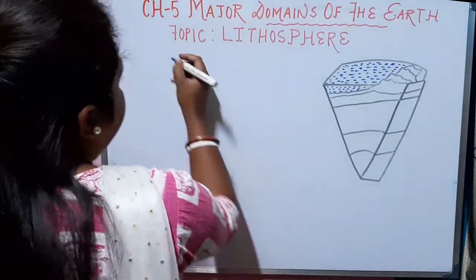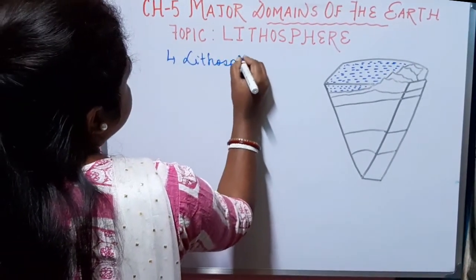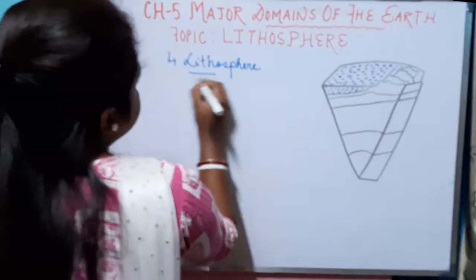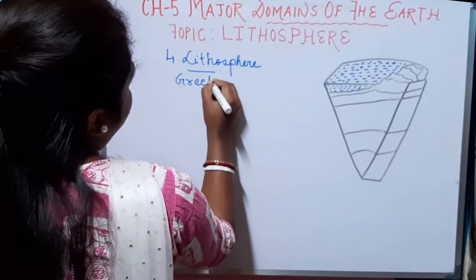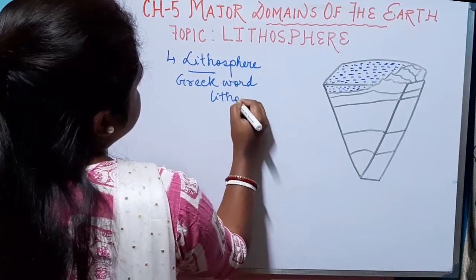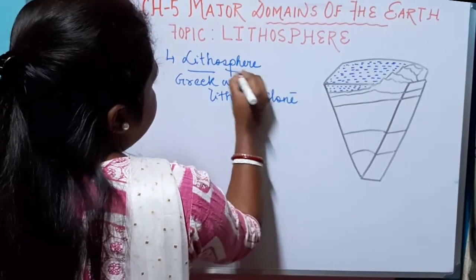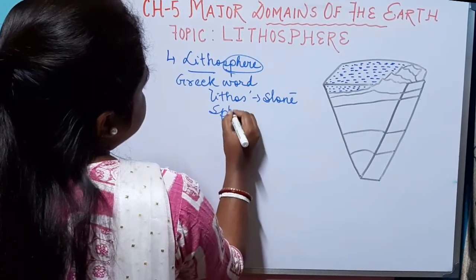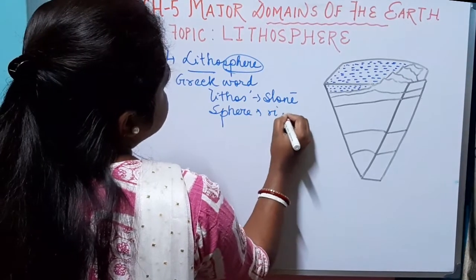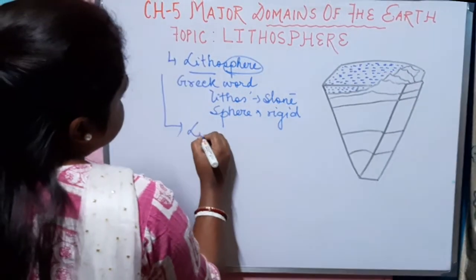As we have already learned, lithosphere is derived from a Greek word lithos, which means stone. And what do you mean by sphere? Sphere means rigid. So what is lithosphere?